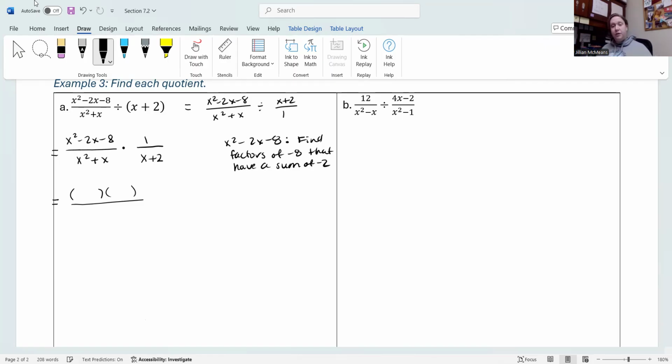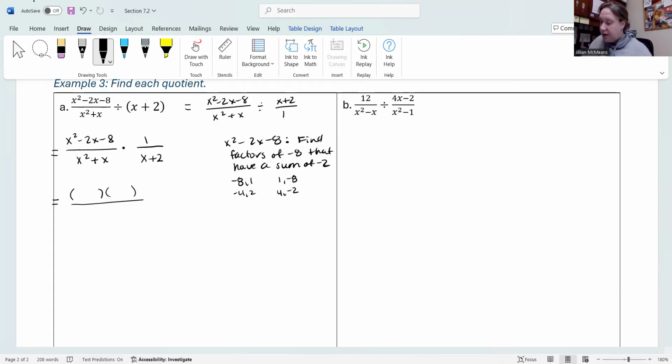So remember, when you're factoring a quadratic trinomial where a is 1, you look for factors of c, the constant, that have a sum of b, the coefficient of x. So factors of -8 could be -8 and 1, or 1 and -8. We could also have -4 and 2, or 4 and -2. So which of those pairs adds up to -2?